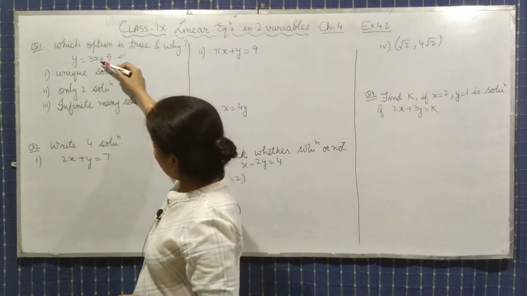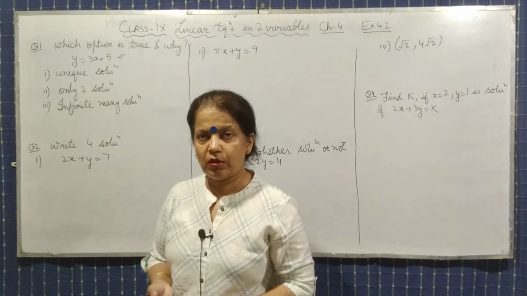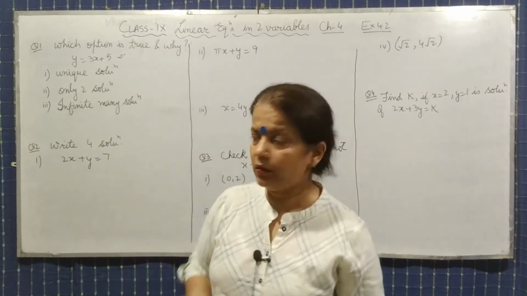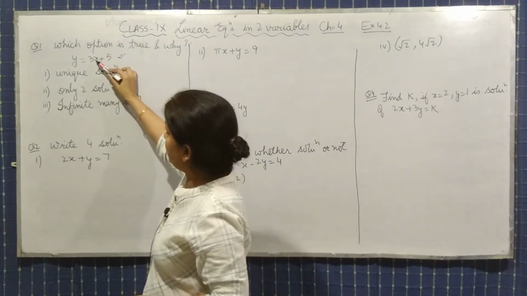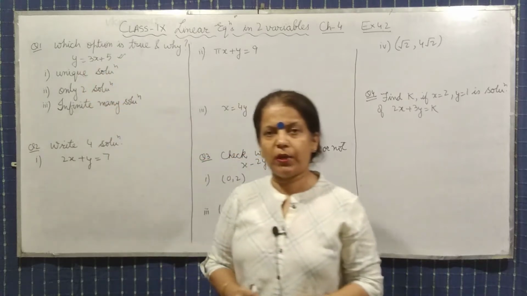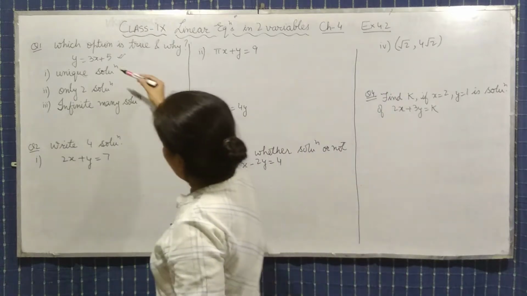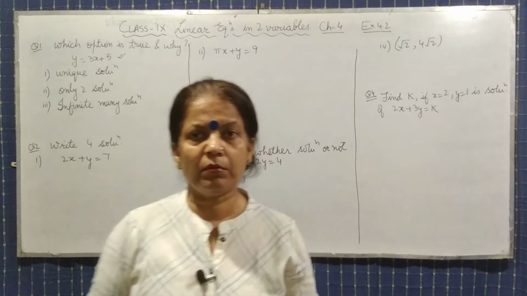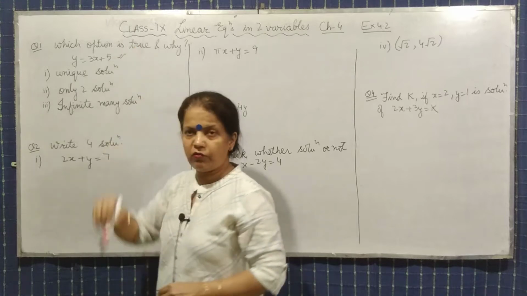Suppose I take the x value as any integer, let it be 1. If I take its value as 1, then what will be the answer? 3 into 1 plus 5, so it will become 8. Therefore, the value of y will become 8. Now suppose I take x as -1, then it will become 3 into -1, that means -3, plus 5.